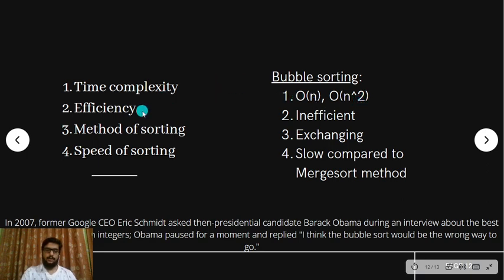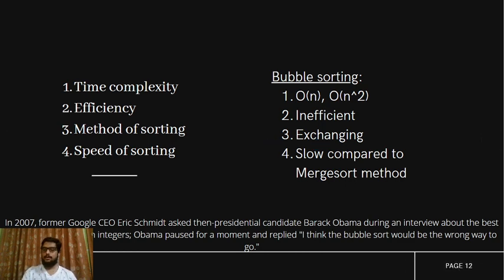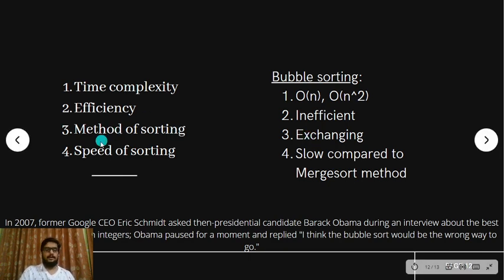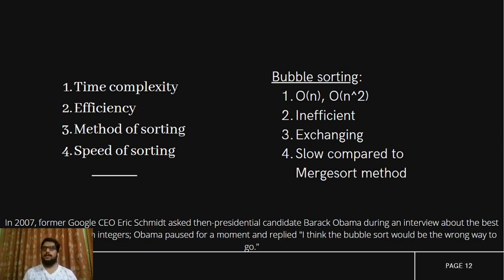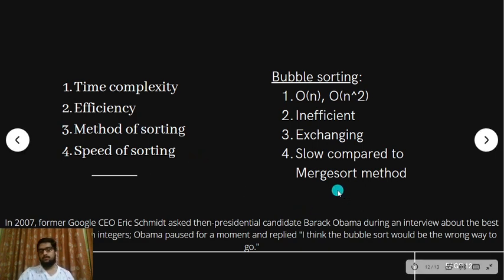On the basis of efficiency, it is highly inefficient for larger arrays because it swaps consecutive numbers and will take a lot of time. The method it uses is swapping or exchanging consecutive elements. Bubble sorting is not a fast method, and there are many more advanced algorithms such as merge sort, which is highly efficient and faster than the bubble sorting algorithm.